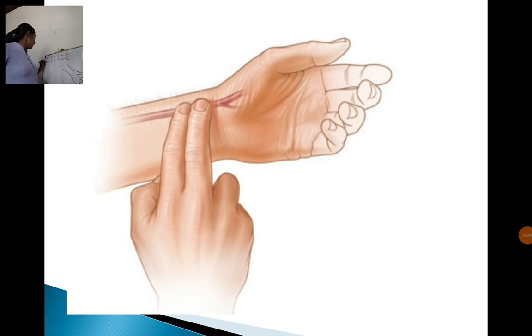For example, if we count 18 in 15 seconds, multiply by 4, and the heart rate is 72. If we count 40 in 30 seconds, multiply by 2, and the pulse rate is 80 per minute.